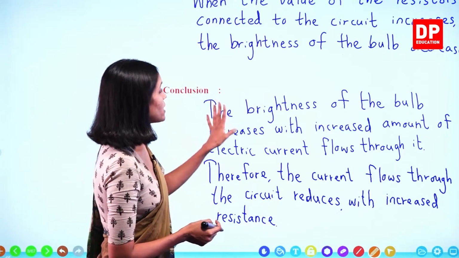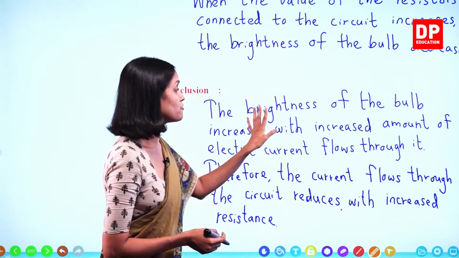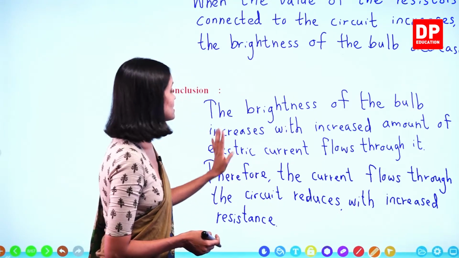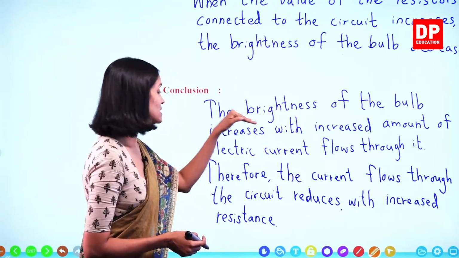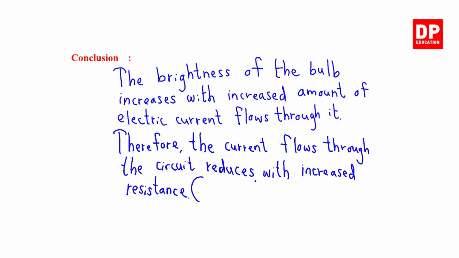Okay, the brightness of the bulb increases with increased amount of electric current flows through it. Therefore, the current flows through the circuit reduces with increased resistance. Okay, which means we can write within brackets, increased value of resistors or higher value of resistors.